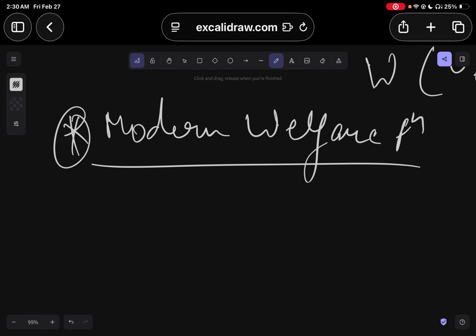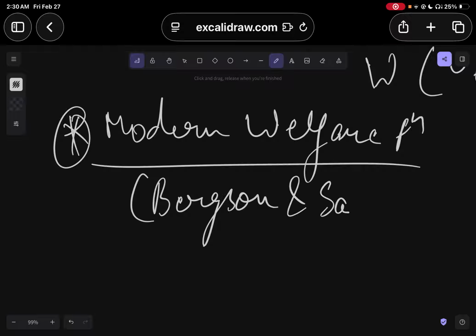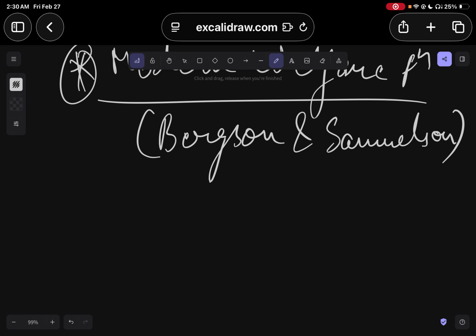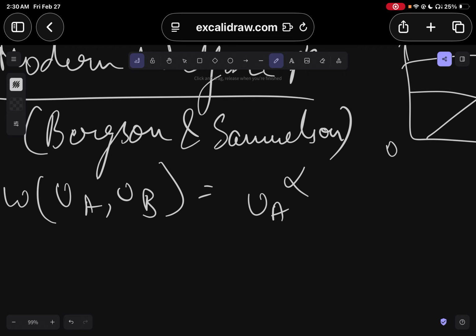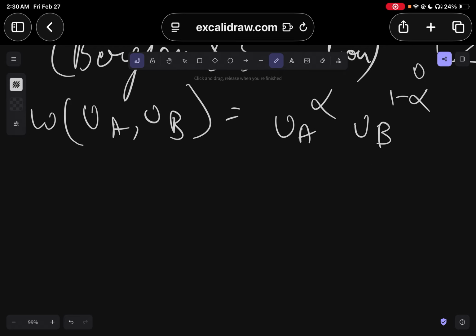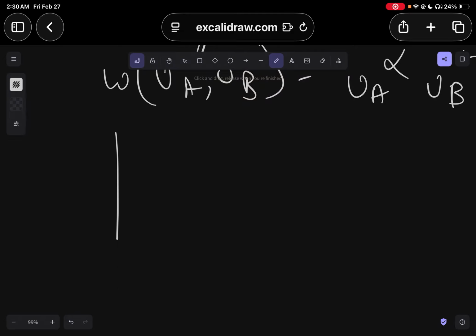This was given by Bergson and Samuelson. W equals UA to the power alpha times UB to the power 1 minus alpha. So it will be somewhat like this.